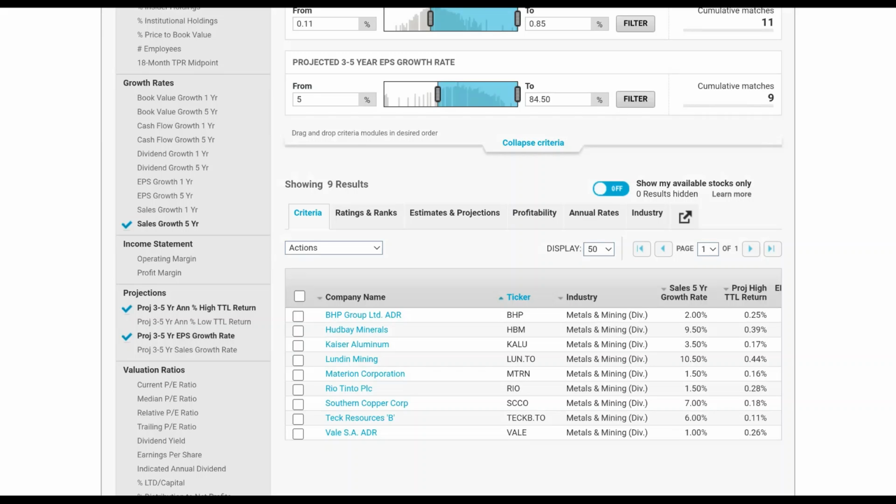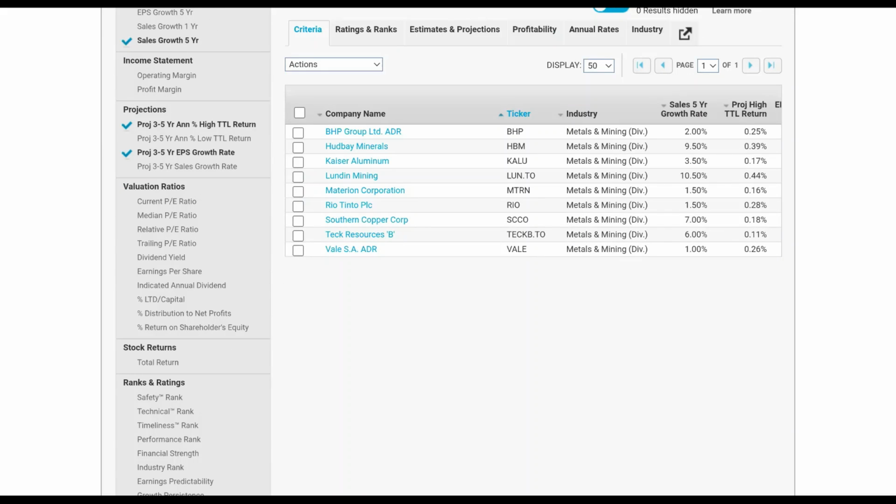Well, we got 5, which is pretty close. So anything that's not growing earnings by at least 5% is going to be excluded. And I'm just going to keep that right at the top, which the best company is showing 85%. But although some have the best number, they're not necessarily the best stock. And then if we come down to valuations, I'm going to select dividend yield.